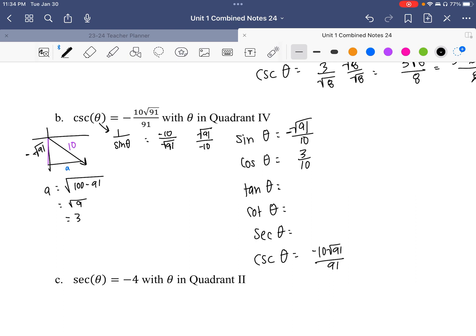Since I did cosine, I'll go ahead and do secant also. That's going to be 10 over 3. Tangent is going to be our opposite over our adjacent, which is going to be negative square root of 91 over 3, which rationalized should look like that. And cotangent then is the negative square root of 91 on top and a 3 on the bottom.